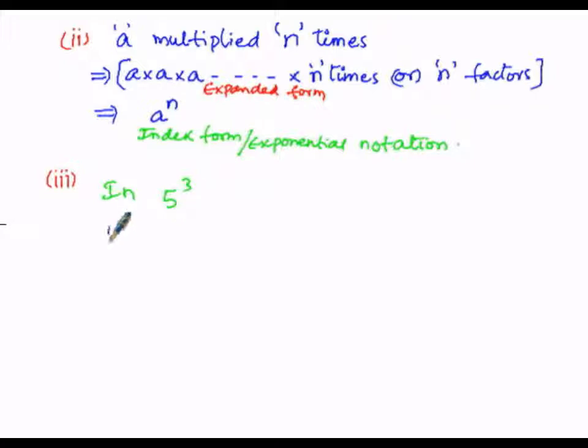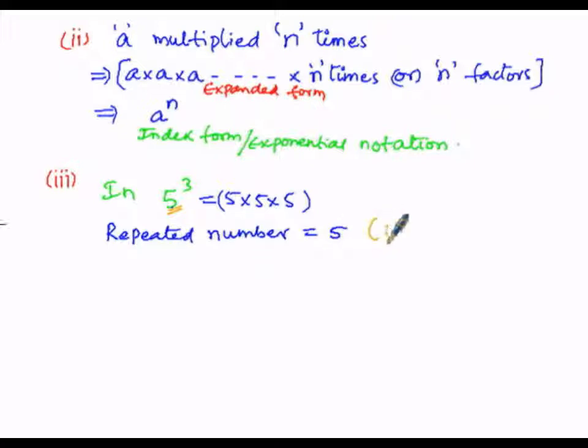So the repeated number is 5, because 5 will be repeatedly multiplied 3 times. Therefore the repeated number 5 will be called the base.